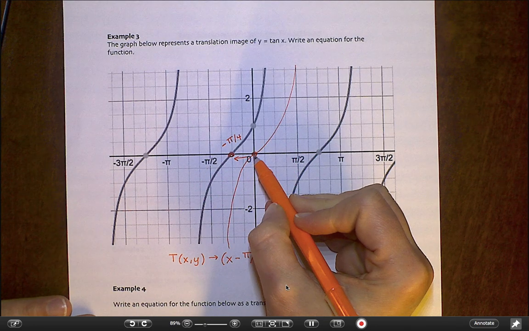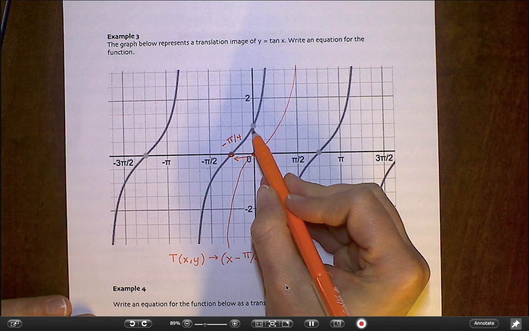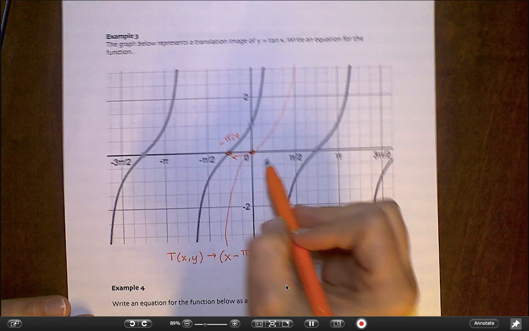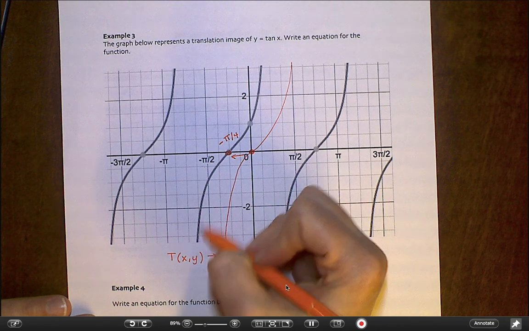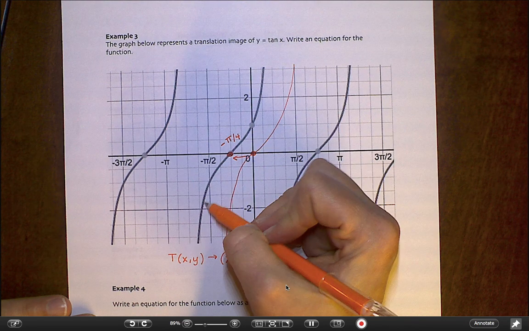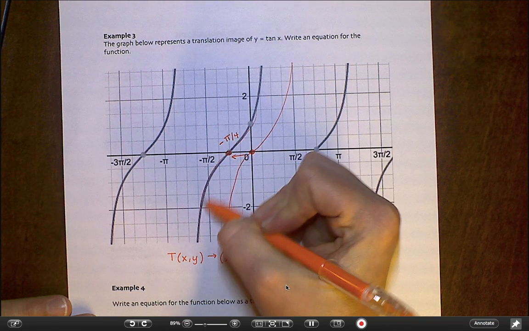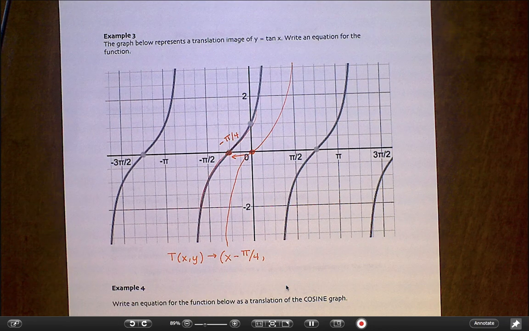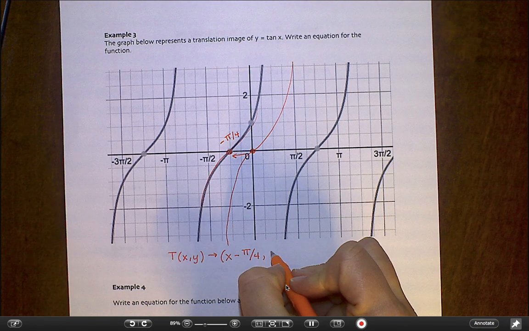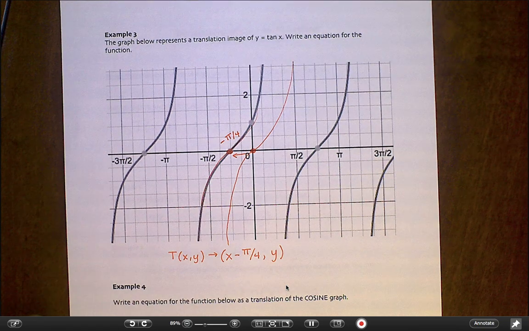I'm not seeing a vertical shift here, and I know this point is kind of highlighted for you. That's just highlighted because it's a y-intercept, but the curve of my function didn't change anywhere. This curve is usually what happens right over the x-axis. So I didn't shift up or down at all here. I just shifted to the left by pi over 4.